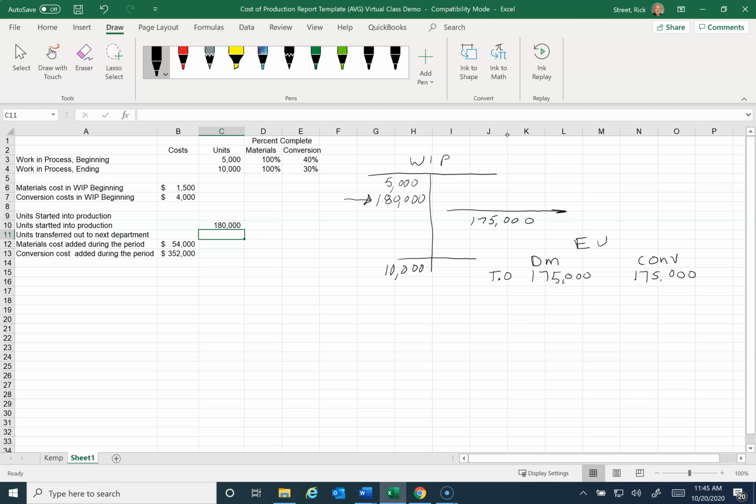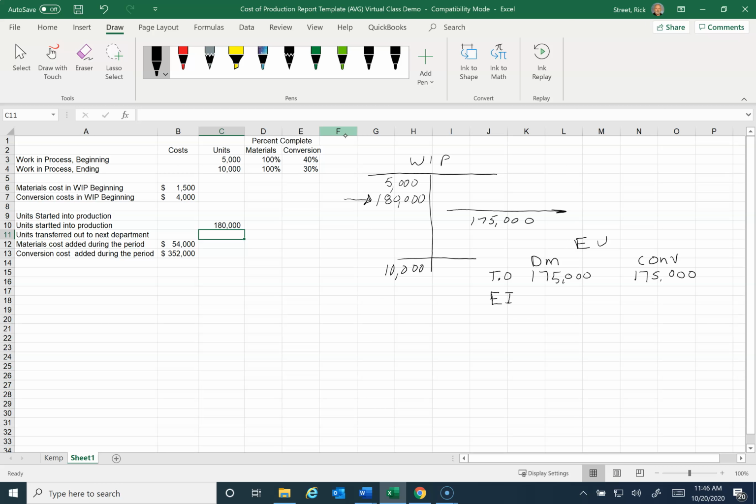Next, we account for the units in the ending inventory. That's 10,000 units here. Now, in our problem, we're interested only in the ending inventory percentages, because if we were using the FIFO method, we would be using both beginning and ending inventory to determine our equivalent units. But in this case, we're using average cost.